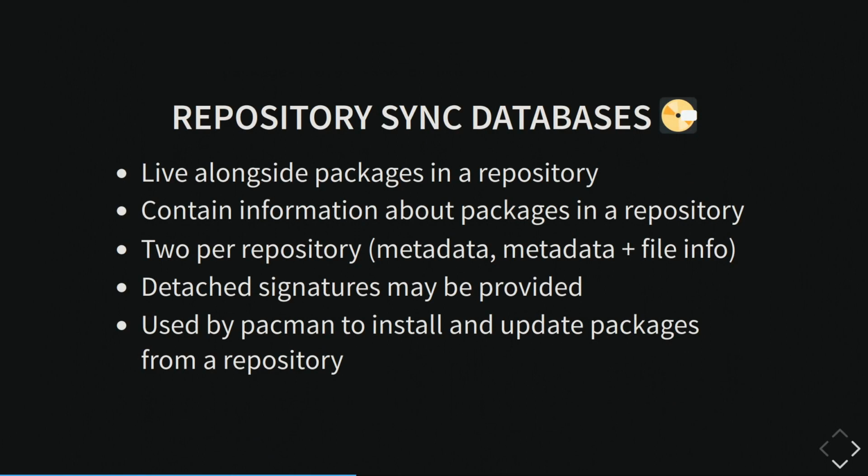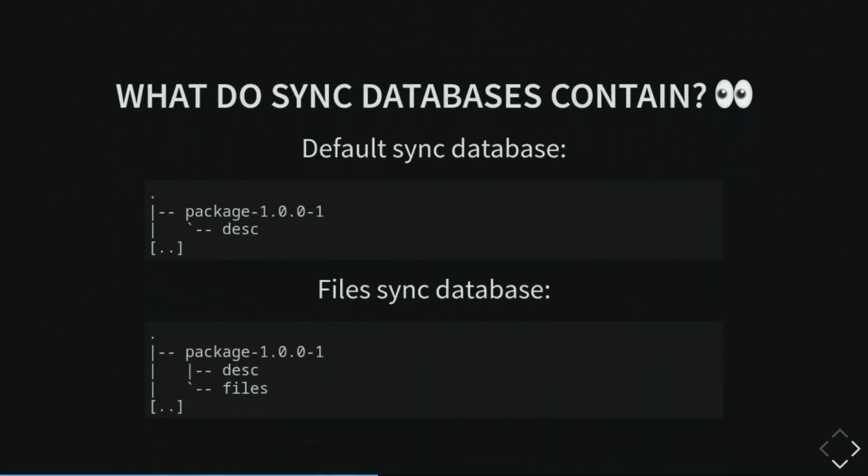One is only metadata, that's the .db, and we have the metadata and file info, that is a list of files in the package, that's the .files. We may have detached signatures for that as well, but currently we don't. And this is used by Pacman directly to download and figure out what to update.